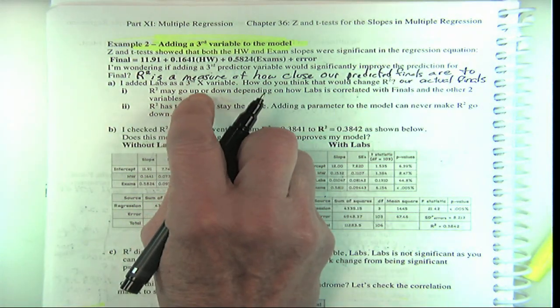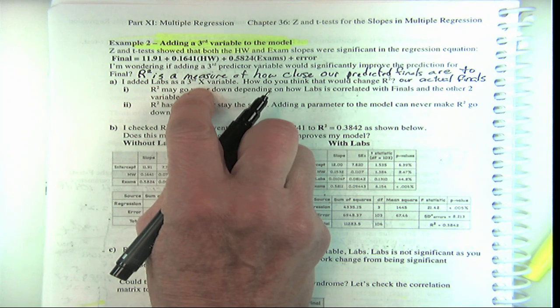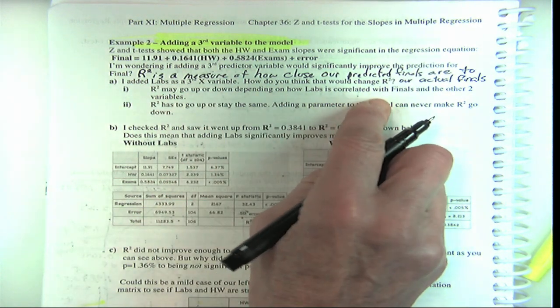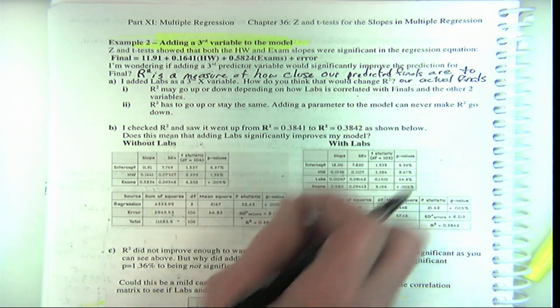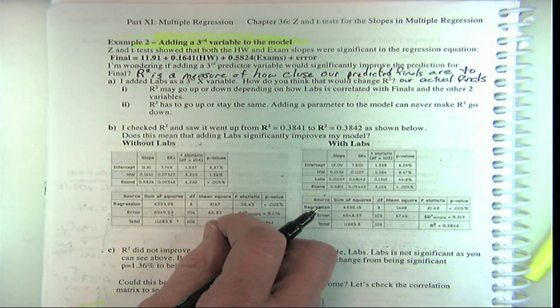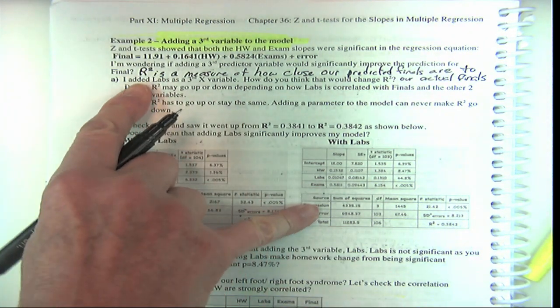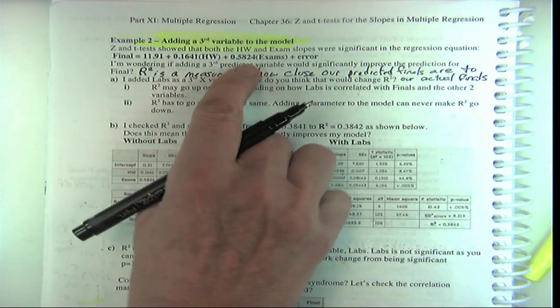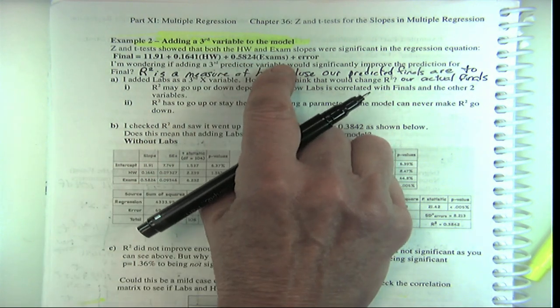Okay. So now, I said I added labs as a third variable. Do you think that would make our predictions better? Well, it will make R squared go up. Will our predictions be closer to our sample, to our model? Don't you think they would be?